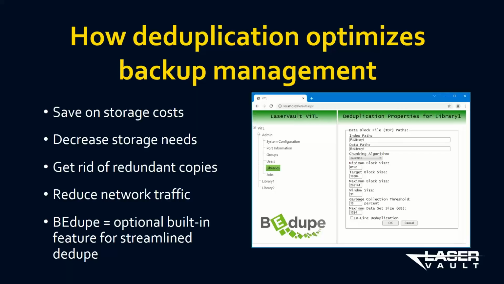So as compared to that, you're looking at two, three, four times the compression ratio in which you have block level data deduplication, and also you're reducing the amount of data that you're going to replicate from one site to another for disaster recovery and or cloud storage. BEdupe is our optional built-in feature for performing data deduplication and replication of your backups.